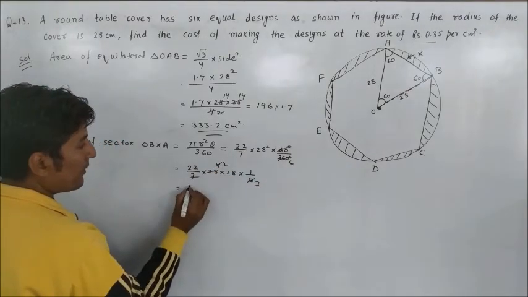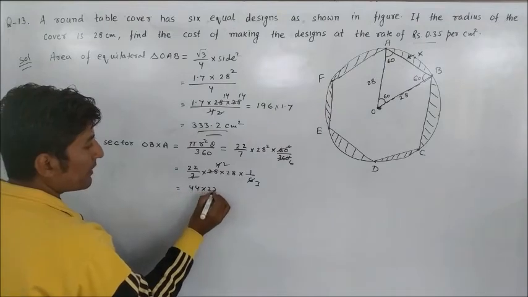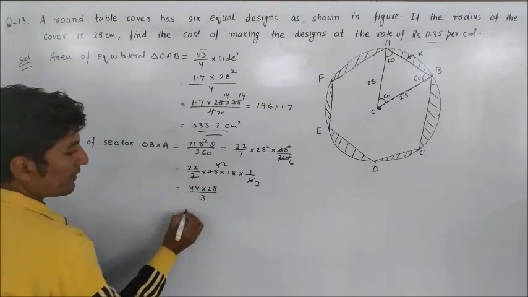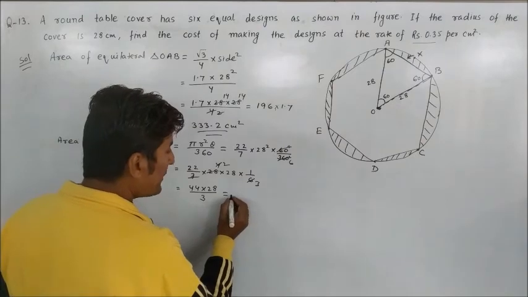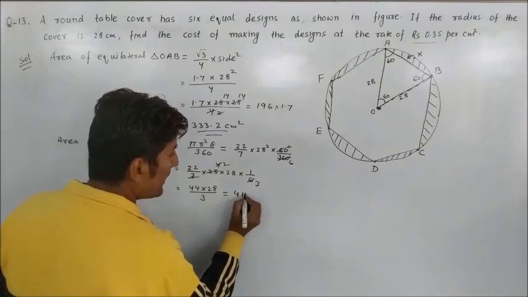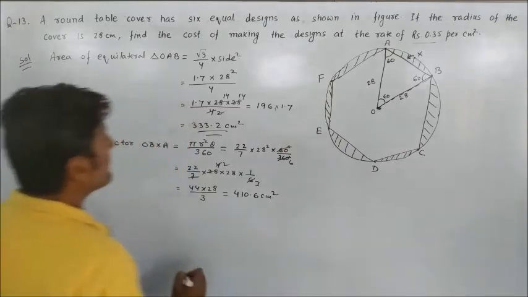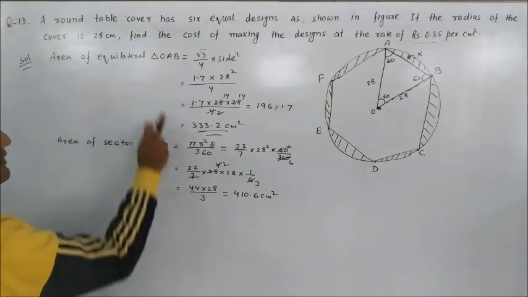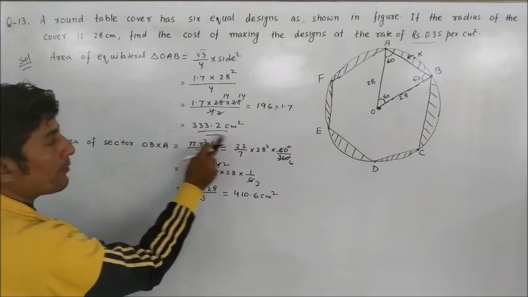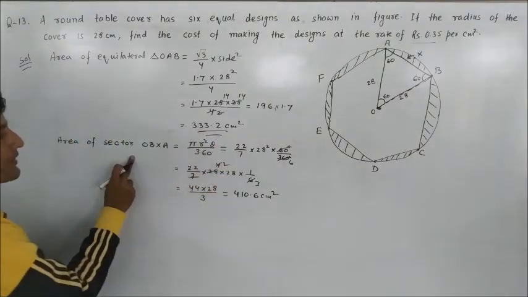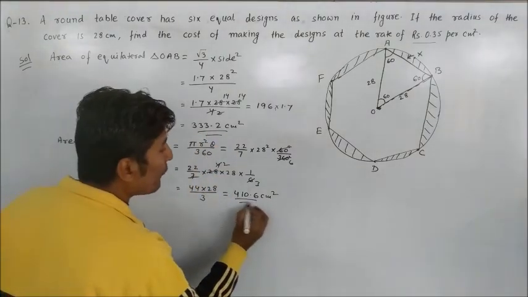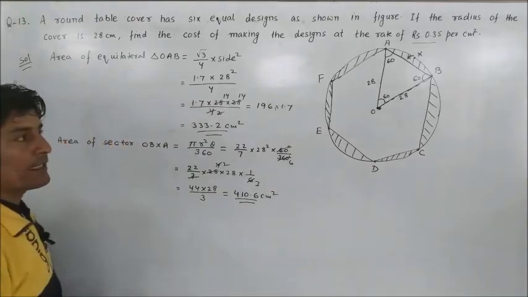So here we can write 44 into 28 divided by 3. After solving this one, we have 410.6 centimeter square. Since the area of equilateral triangle OAB is 333.2 centimeter square and the area of sector OBXA is 410.6 centimeter square.